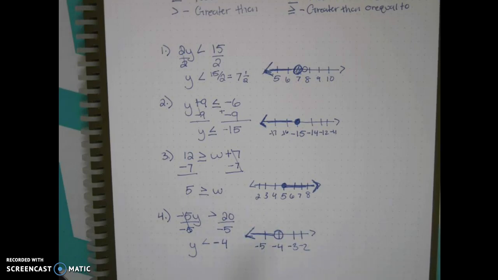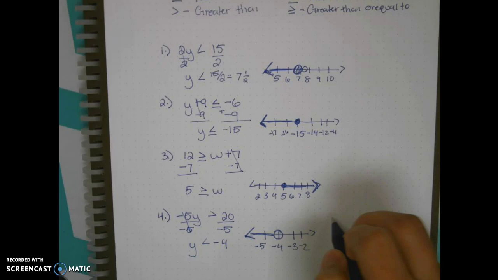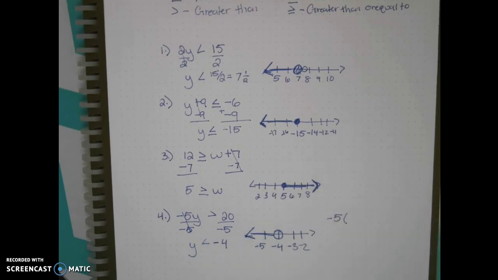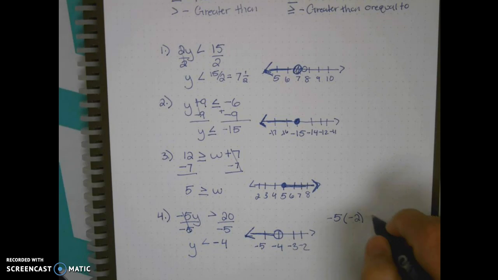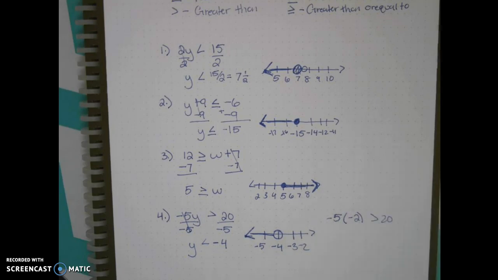Now, the reason why you have to change the sign is, look, if I wanted to put a number in for y, so if I kept the sign the same, so let's do negative 5 times negative 2. Okay, let's assume that we want to do this and keep the sign. A negative times a negative will give me a positive, which will give me a positive 10.